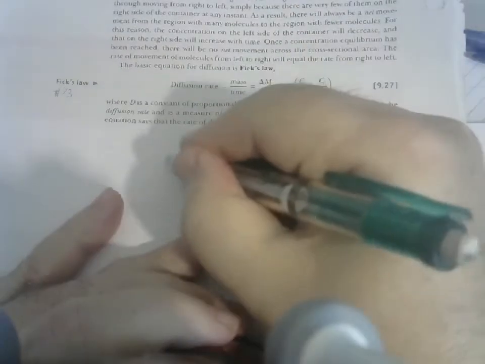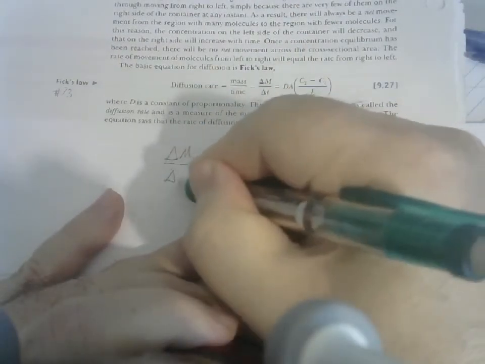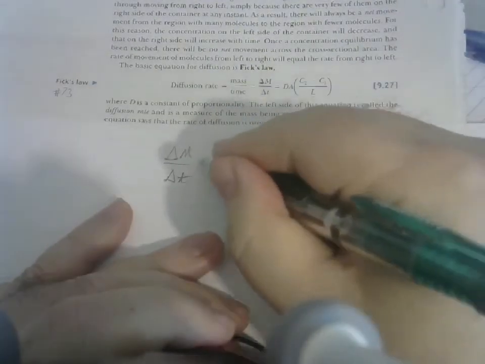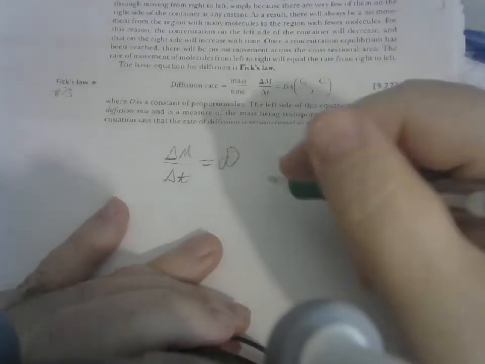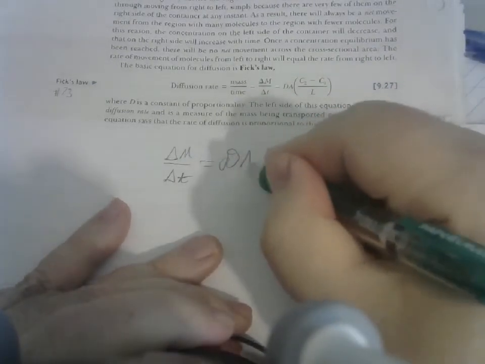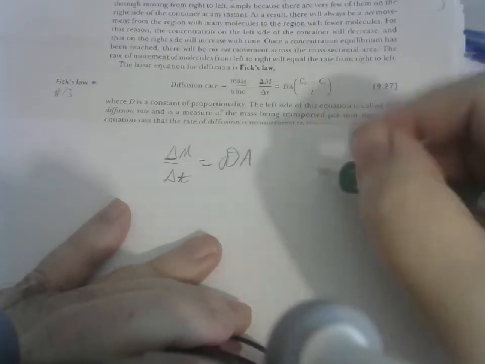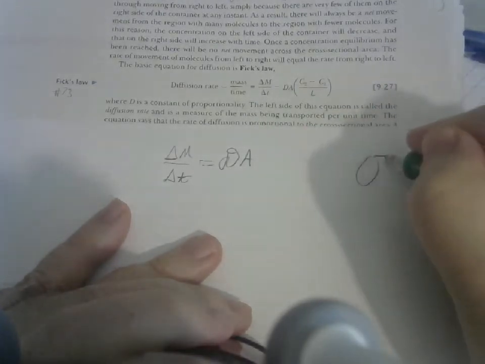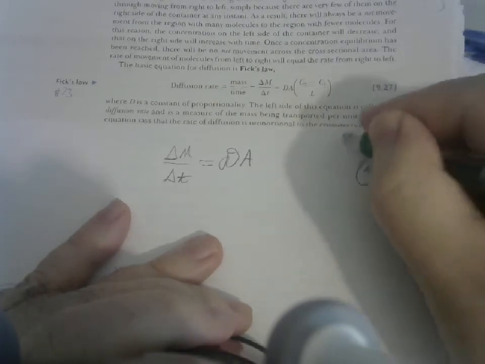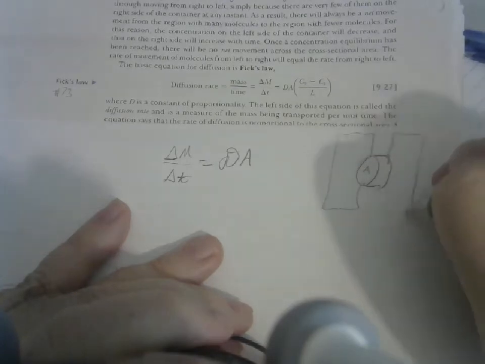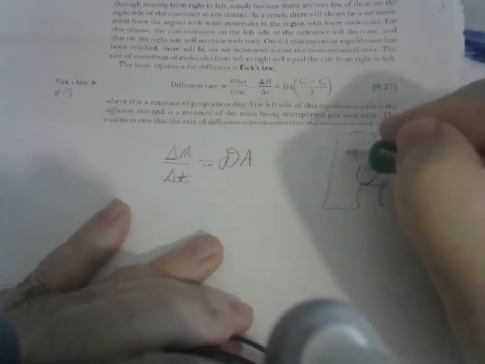We have an equation for this process called Fick's law, and it basically goes: the amount of mass going through the barrier over a given time is equal to the diffusion rate, which I'm going to write as a cursive D, times the area between the two regions.